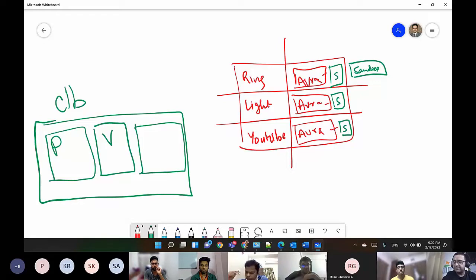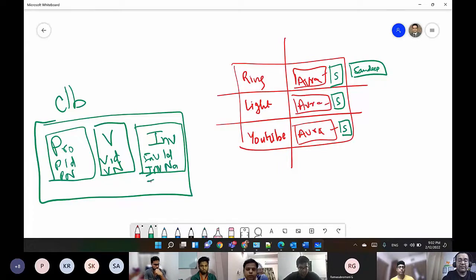Inventory. Product will have product ID, product name, vendor will have vendor ID, vendor name. Inventory will have inventory ID, inventory name, and maybe product ID, and this product ID will be a foreign key to the primary key. But forget this, this is my vendor DB.